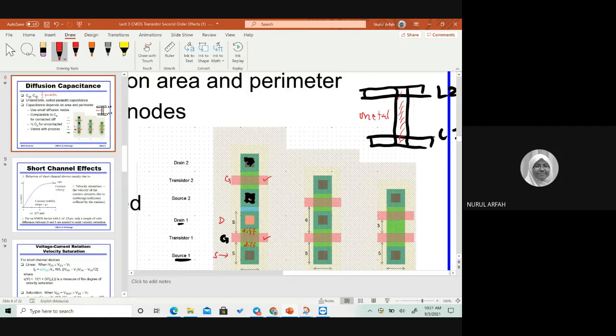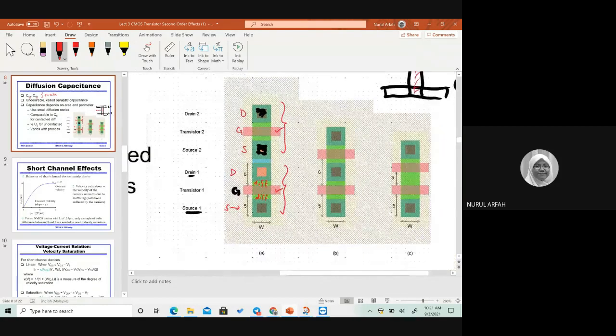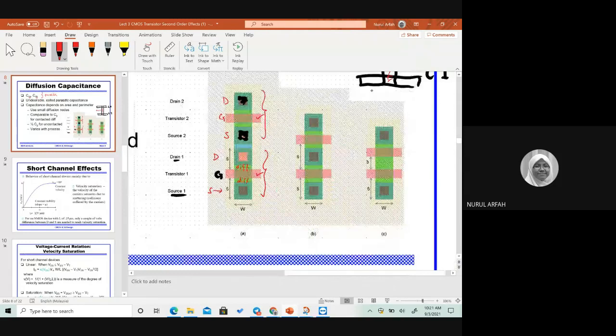Okay, so this is transistor number 1, and the second one is transistor number 2. It is the same way. We have source here and drain on the other side and gate in the middle. Right. So why do we have 3 parts here? Actually, the left side is what we call an isolated diffusion. Why do they call it isolated diffusion?